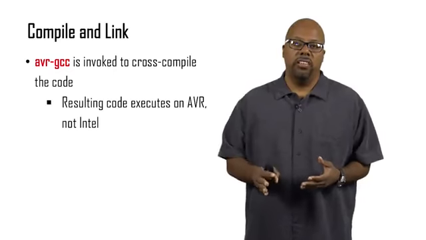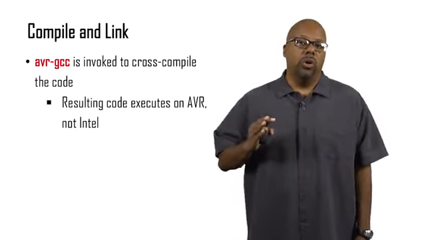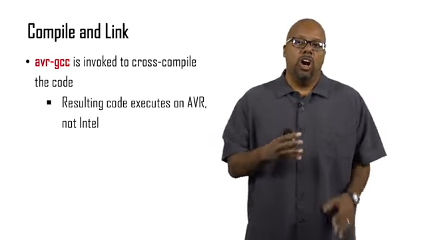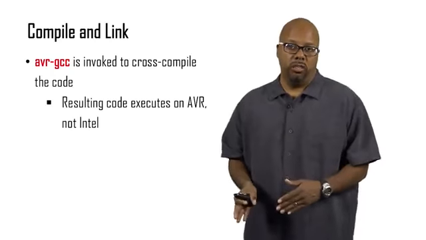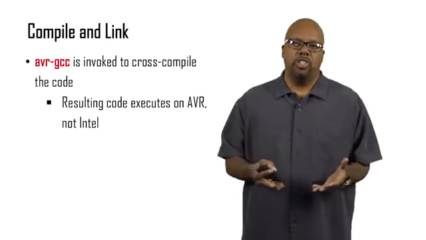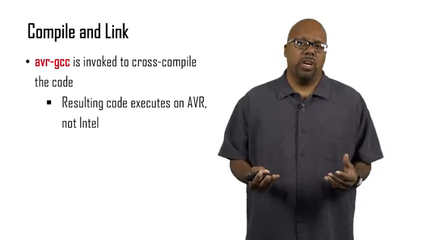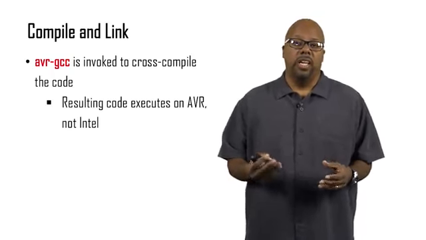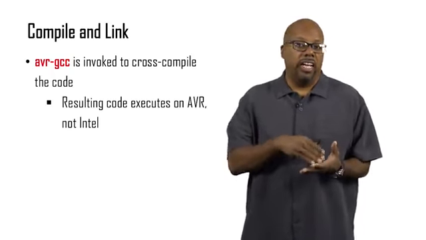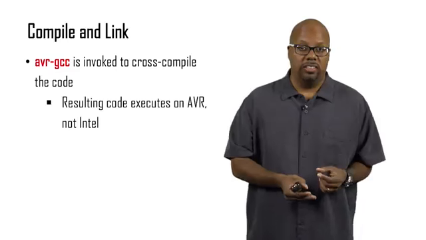That's what compilation is. Now, cross-compilation, which is what we're doing here, is when you compile code on one machine for another machine. Typically, you're compiling it on a desktop or laptop machine, which maybe has an Intel x86 type processor on it. And so you're compiling it on an x86 processor, but the code that you get does not execute on an x86 processor.